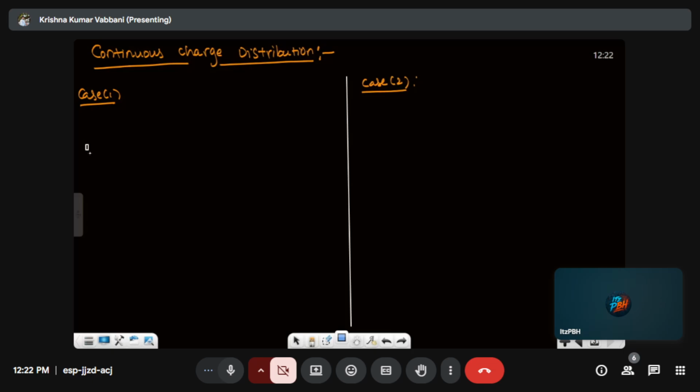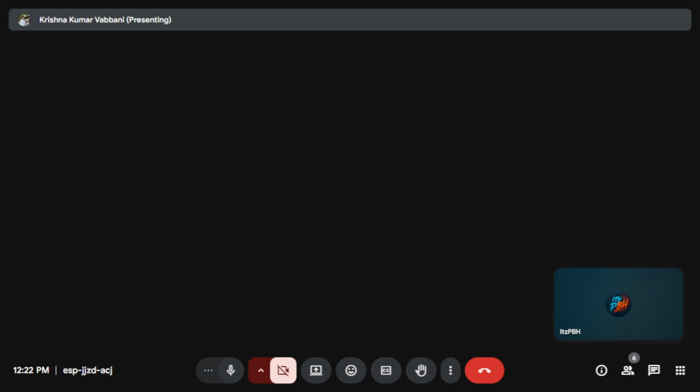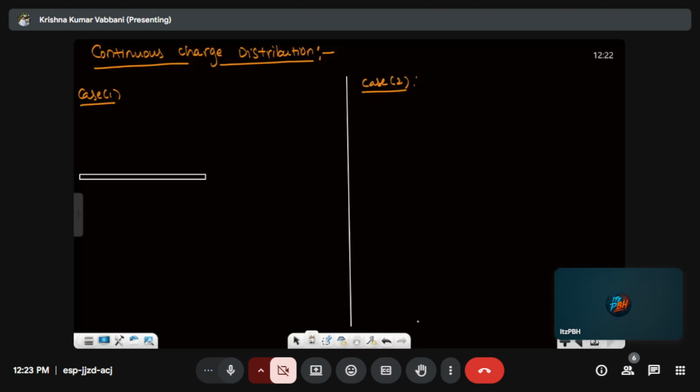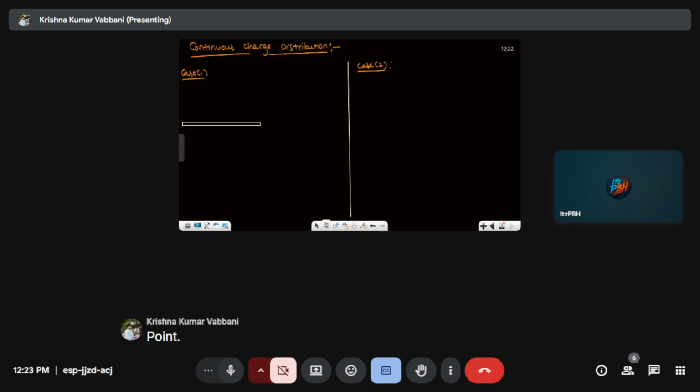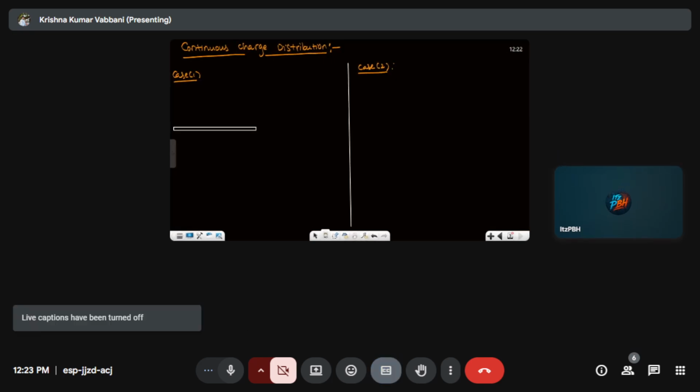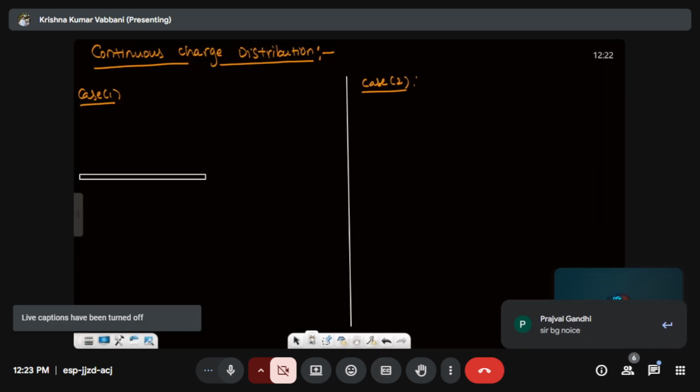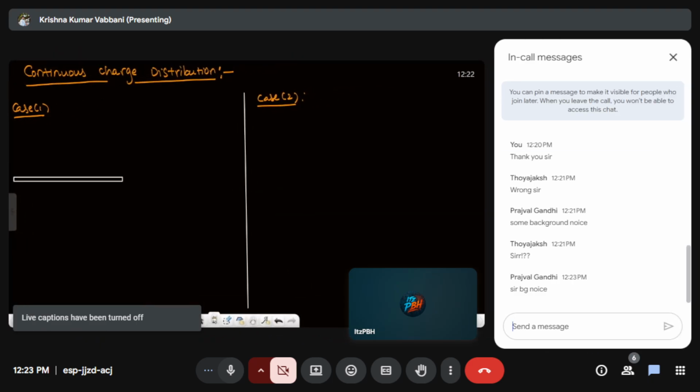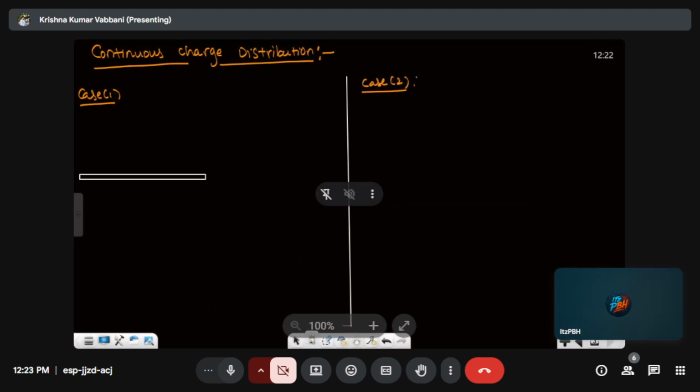This is a half circle and another line conductor. Our duty is to find the electric field or electric force at this point, and here also at this point. If you observe carefully, this point is exactly at the center of this line conductor, and this point is also the center of this conductor. And I am taking another case.